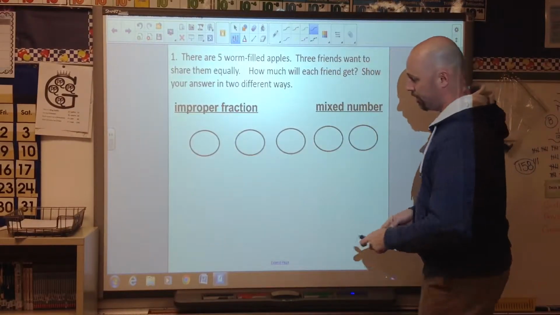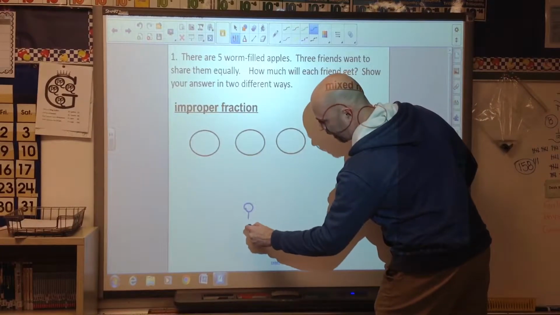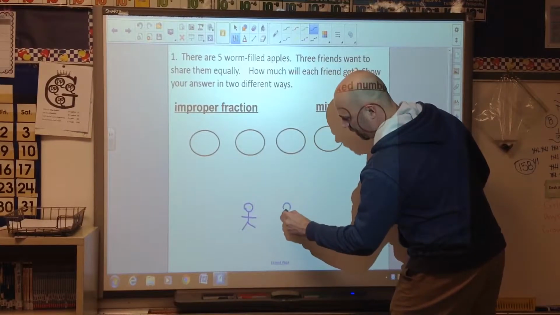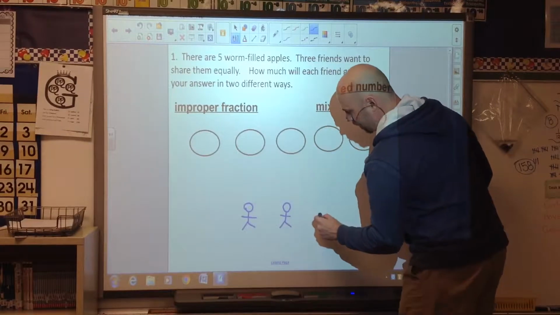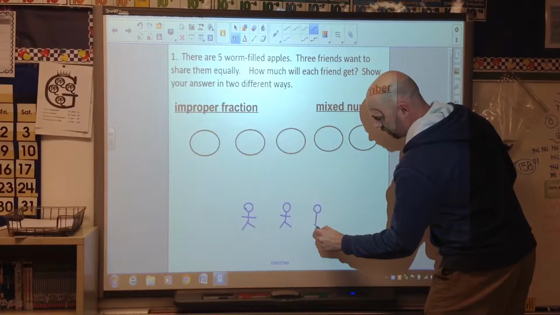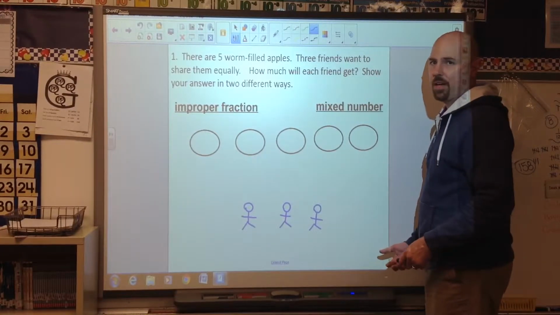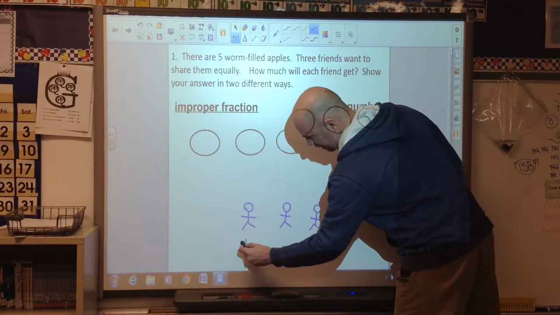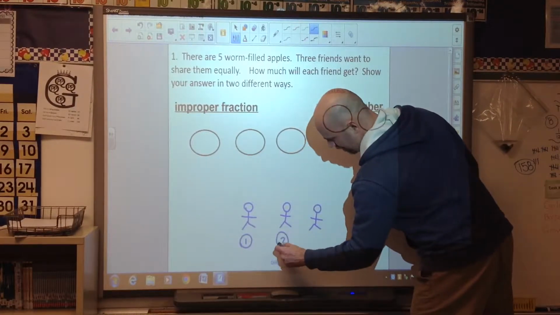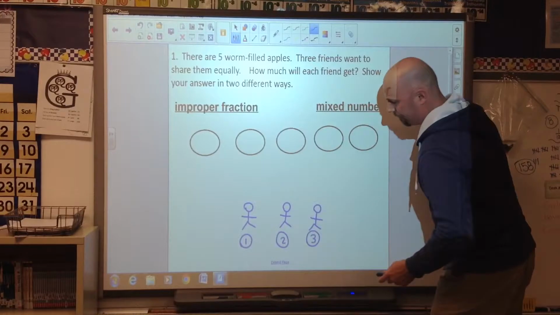So we're going to draw 3 dudes down here. 1 guy, 2, 3. And I'm going to give all these guys a number so I can identify who's eating what. Person 1, person 2, person 3.